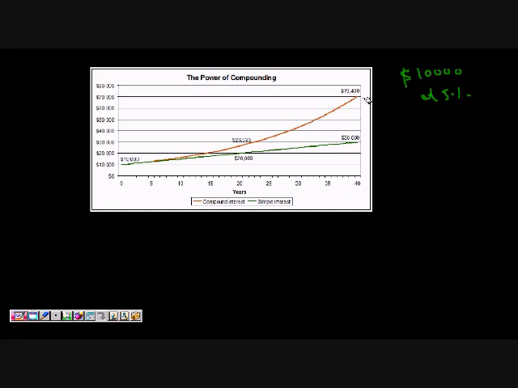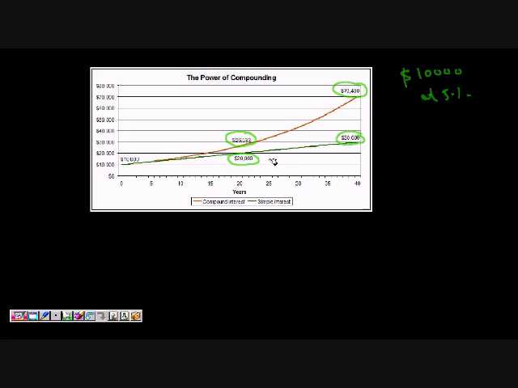So at the end of 40 years, the compound interest will be $70,400, while the simple interest will be $30,000. So there is a huge difference of about $40,400 at the end of 40 years, which is a huge amount. Now, if you look at just 20 years, for the compound interest it's $26,533, while with the simple interest, you'll have $20,000 at the end of 20 years.